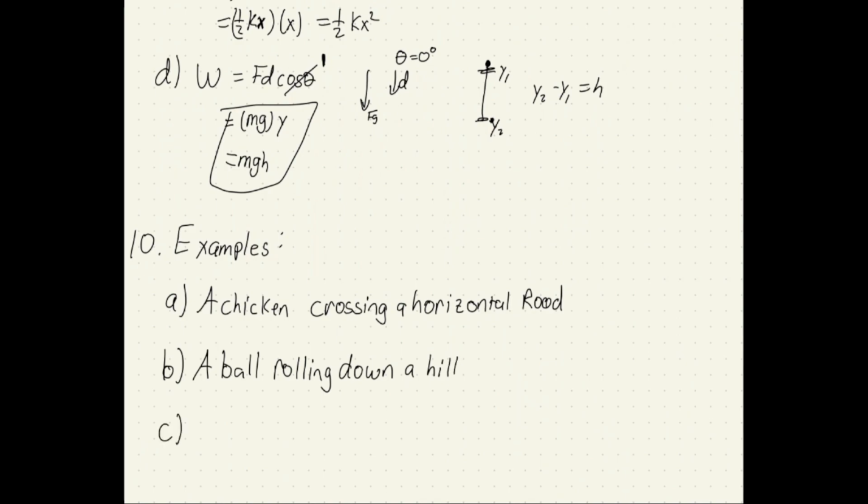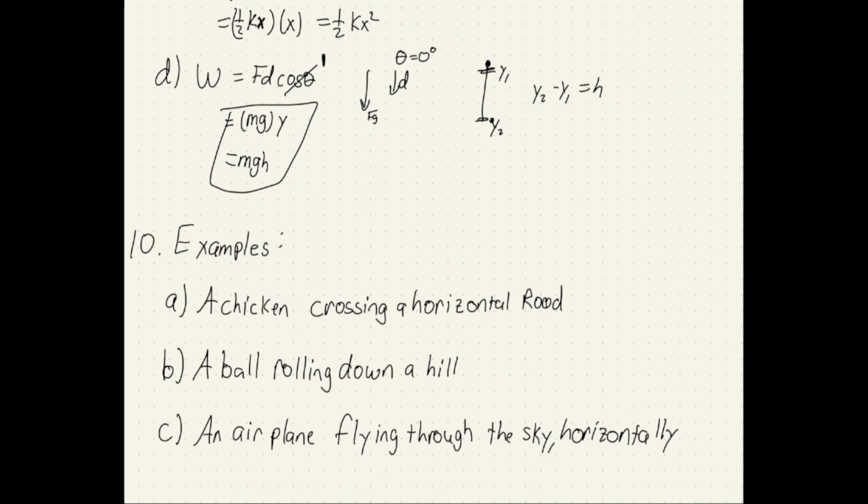Also, an airplane flying through the sky horizontally. This airplane, it's above the ground for sure, but it's flying horizontally. So I'm going to give you a moment. Go ahead and try to figure out what kind of energies are going to be present, whether it's kinetic, spring potential, or gravity potential. Try to come up with those, and I'll give you a moment or two to pause and work that out.